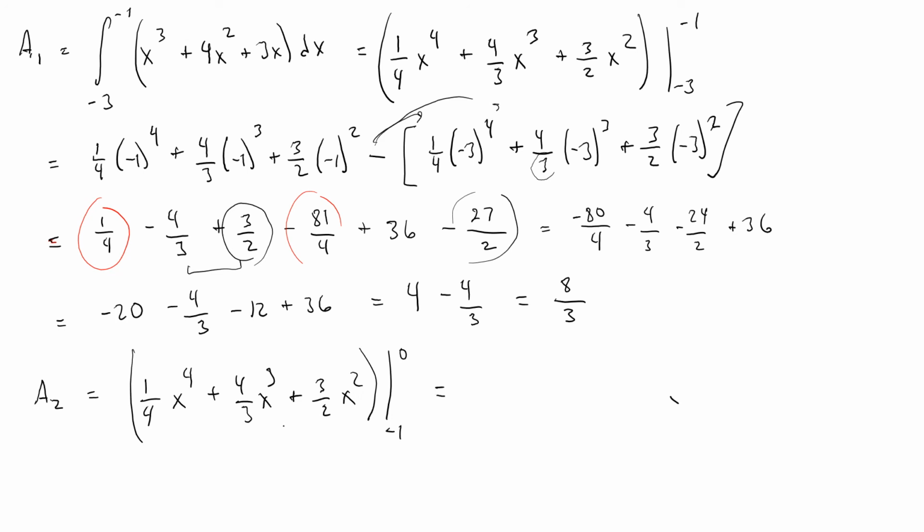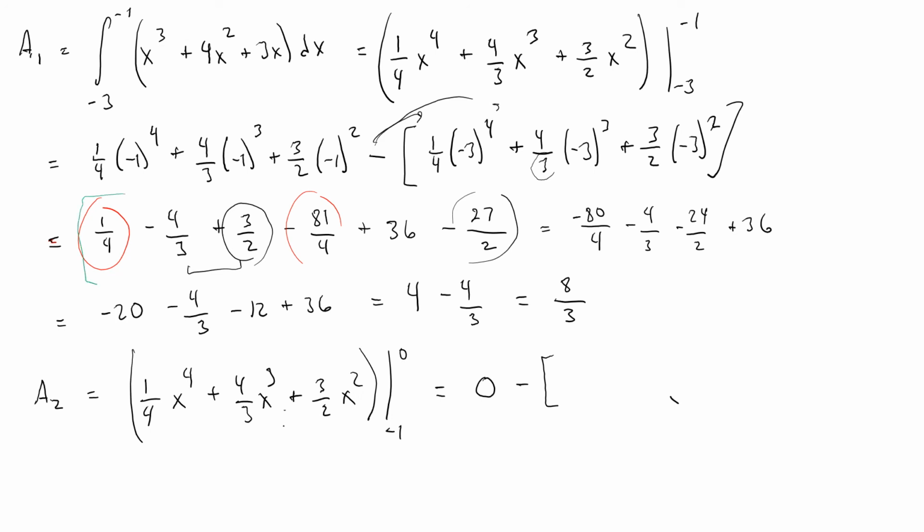The nice thing is, 0 is one of the best limits to have. If I plug a 0 into this trinomial, it's just going to be a big 0, because 0 to the 4th is 0, 0 cubed is 0. So 0 is great. Minus, now I have to plug -1 into all this. But we actually already did plug -1 into all this.